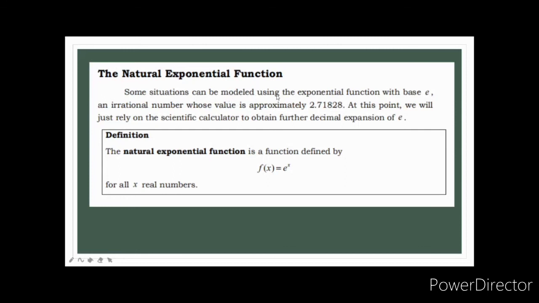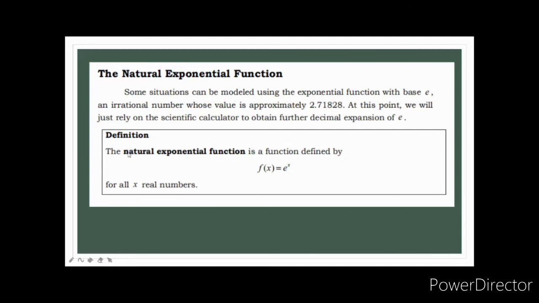Now, let's have the natural exponential function. Some situations can be modeled using the exponential function with base e, an irrational number whose value is approximately 2.71828. At this point, we will just rely on the scientific calculator to obtain further decimal expansion of e.